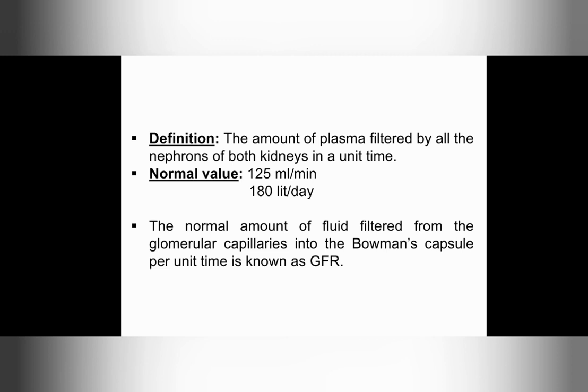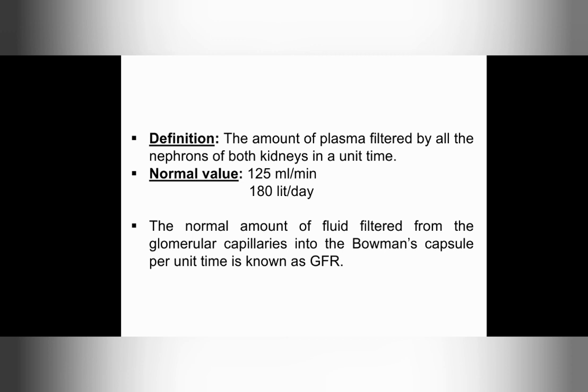Now, what is the definition of glomerular filtration? The glomerular filtrate is that liquid substance which is filtered out from the plasma by the glomerulus of each of our nephrons. I told you what is filtered.